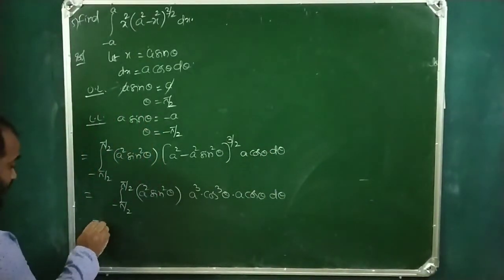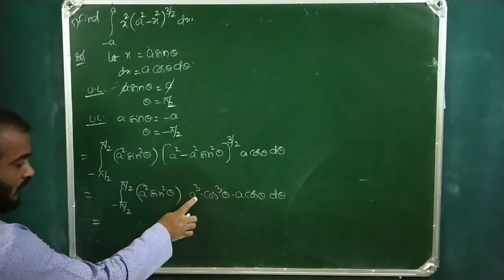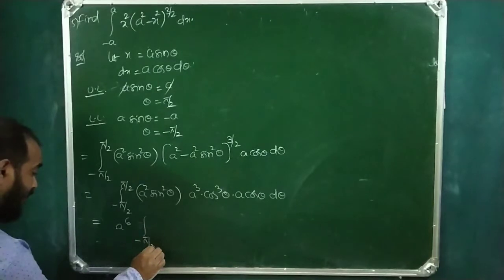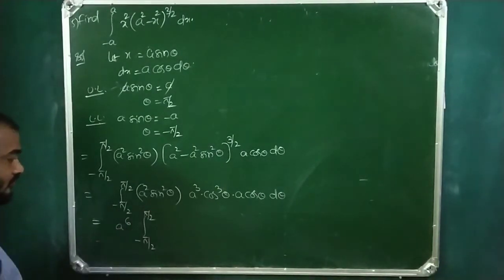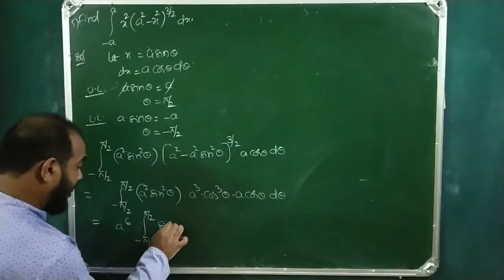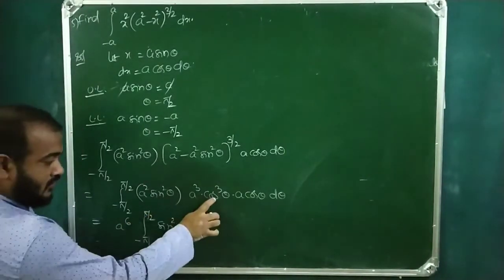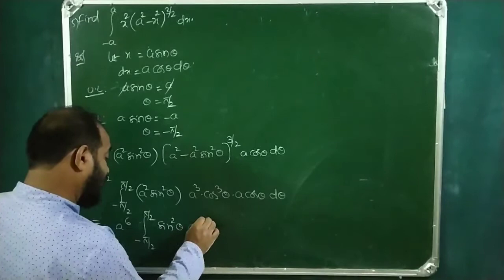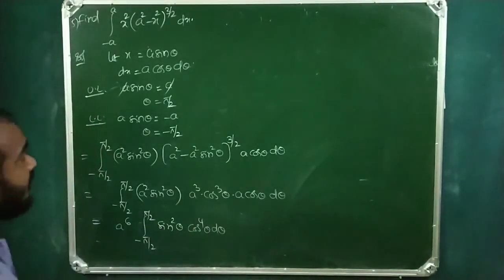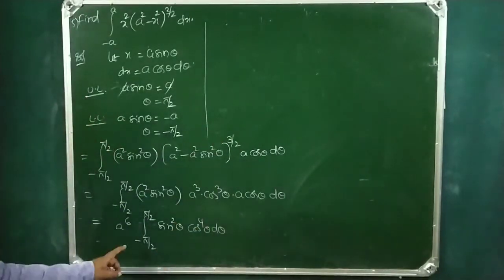So this is equal to a square, a cube, a. This is a power 6 into integral minus pi by 2 to pi by 2, sin square theta into cos cube theta into cos theta, is cos power 4 theta d theta. But this is not in a regular way, so we have to use the property.